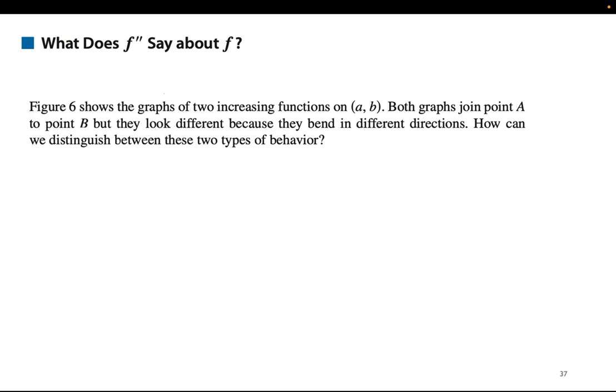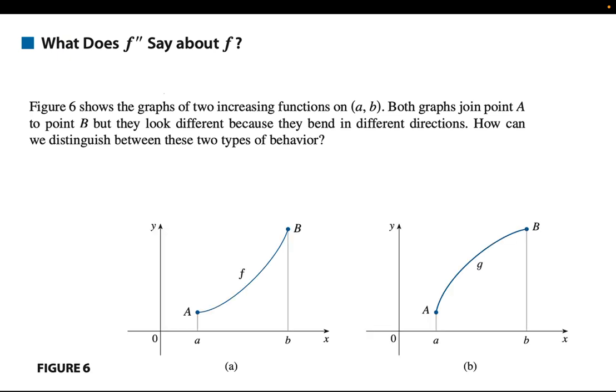Okay, so f prime tells you whether the function is increasing or decreasing. How about f double prime? This is a little bit more subtle. For example, notice that f prime does not distinguish these two behaviors. Here f prime is always positive. The tangent line always has positive slope, so the function is always increasing.